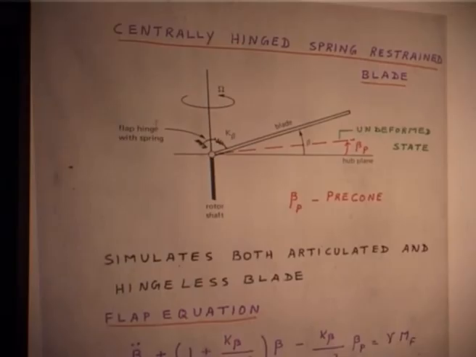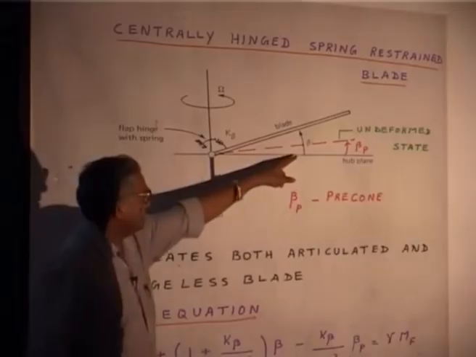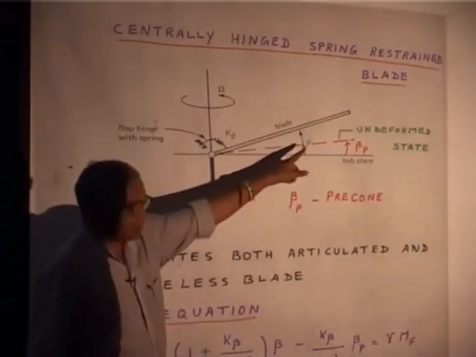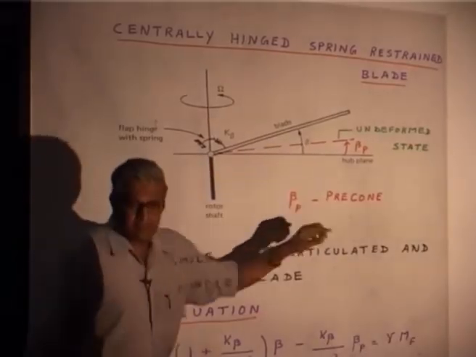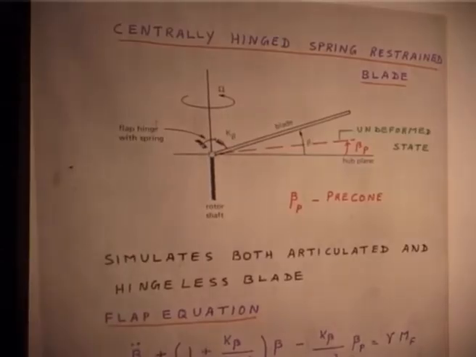I call beta the flap angle. Please understand, beta is measured from the horizontal plane, hub plane, but the blade is already kept at pre-cone. That means, how much elastic deformation I give into the spring is beta minus beta pre-cone. Okay. And that much of the moment will act on the blade.